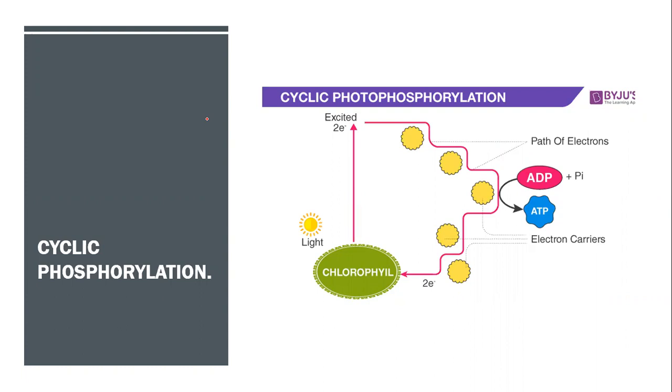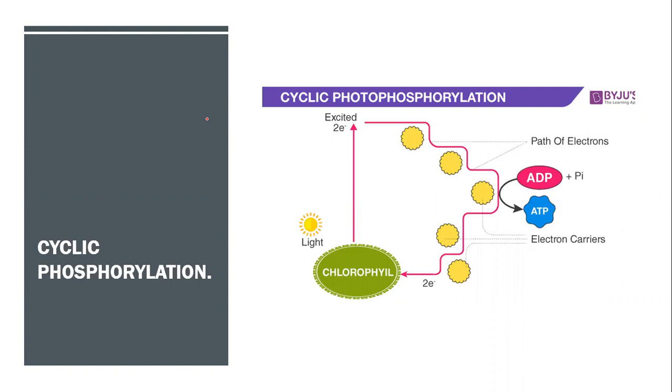When they transfer the electrons, they will be oxidized. This redox reaction will produce energy that will allow your ADP to combine with the phosphate group and give you ATP. And then the electron carriers will take those electrons and return them back to the chlorophyll molecule.